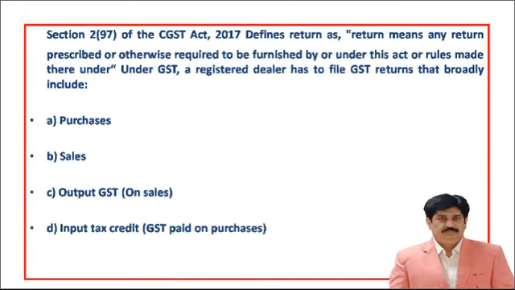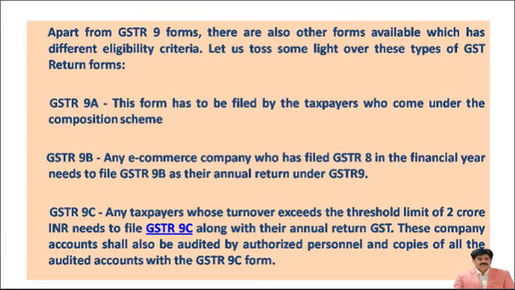In that GST return, as per Section 2 subsection 97 of the CGST Act 2017, a return must have the details regarding purchases, sales, output GST on sales, and input tax credit on purchases. Annual returns: GSTR 9, GSTR 9A, GSTR 9B and GSTR 9C.